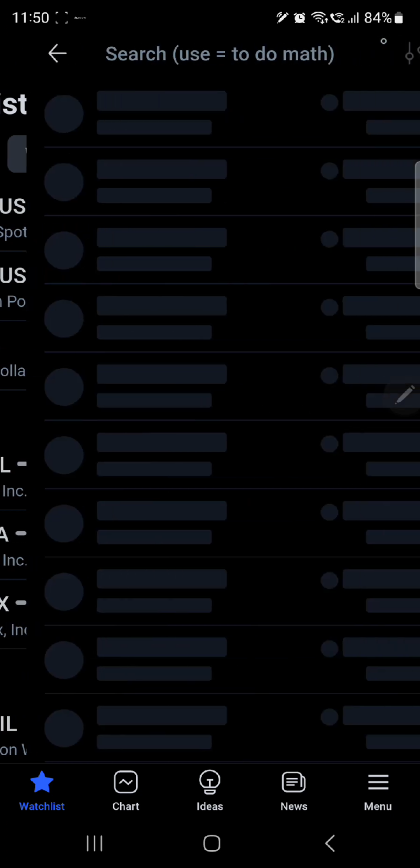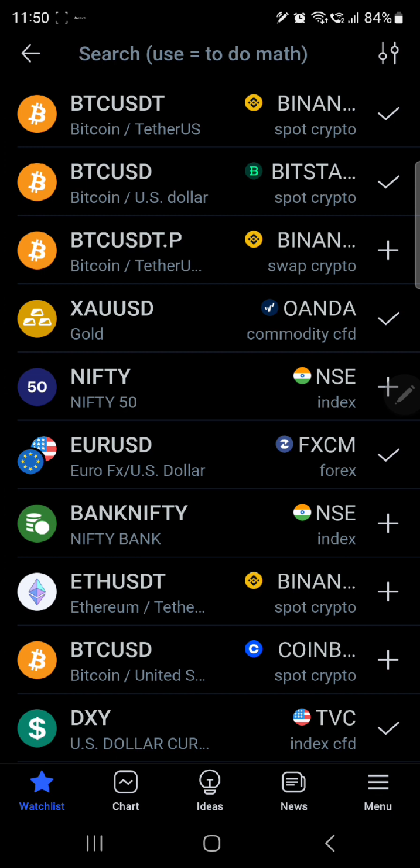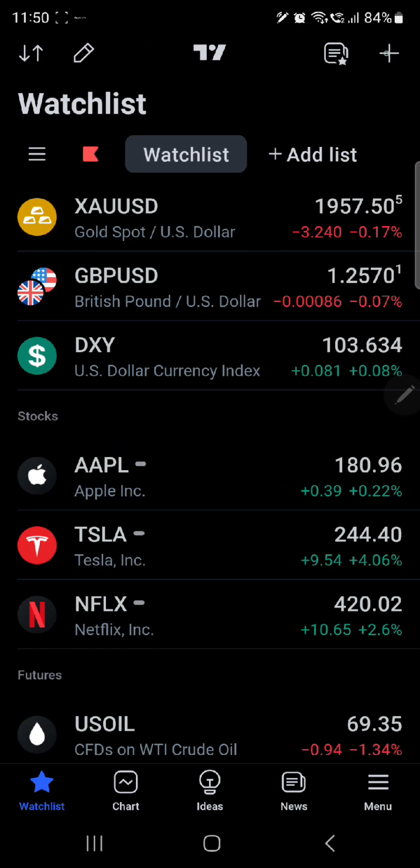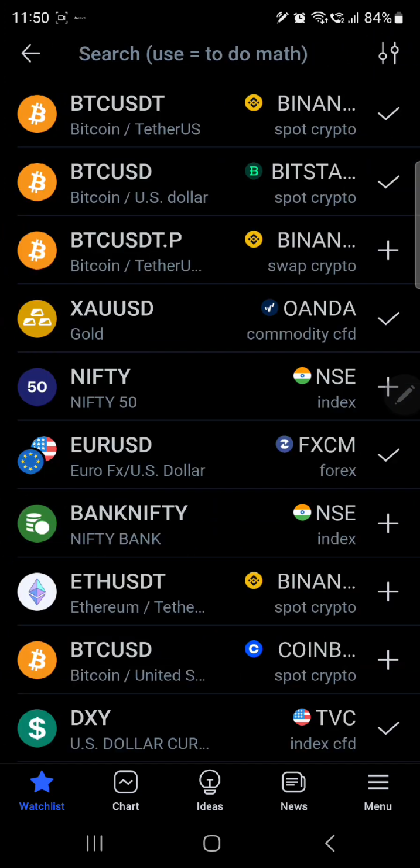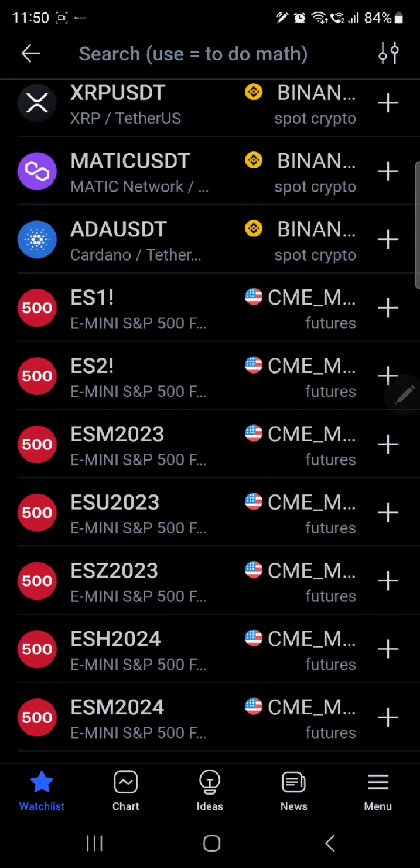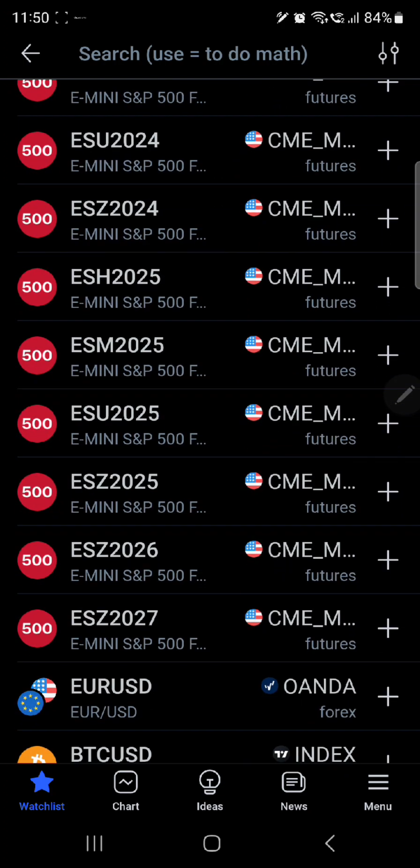First, if you want to add a currency in your main page of TradingView, you just click the plus button at the edge of your screen, and then you can add any of the currencies or any of the stocks you need.